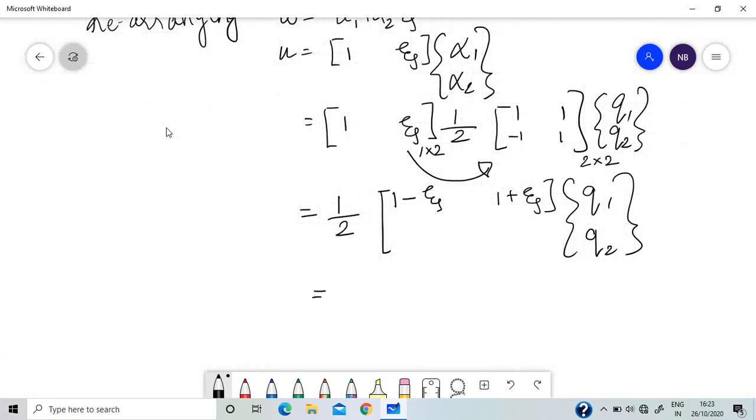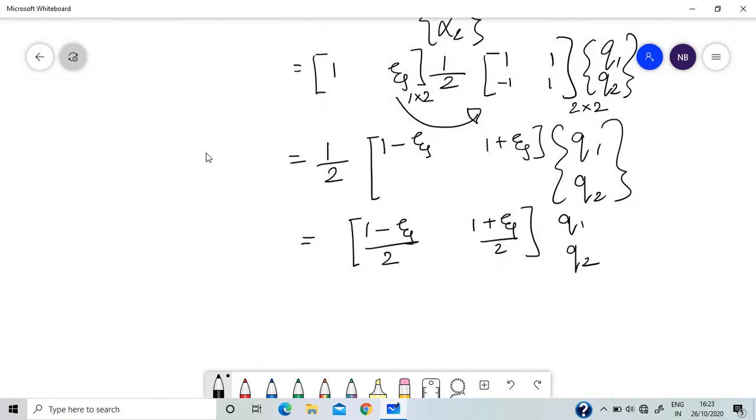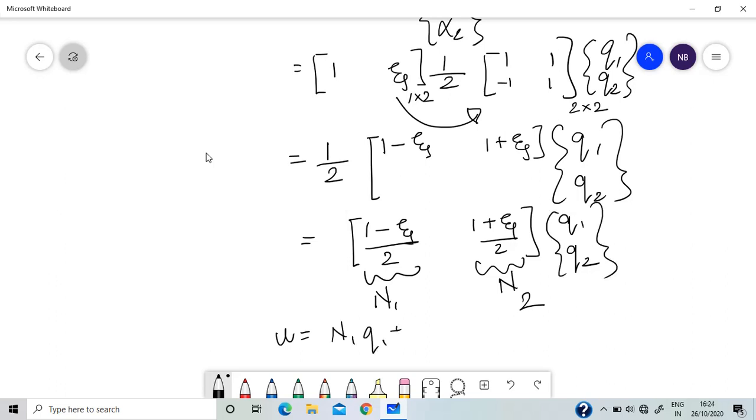I'm taking the half term inside, so it is 1 minus zeta by 2, 1 plus zeta by 2, q1 q2. So these are my shape functions. 1 minus zeta by 2 is the shape function N1 and 1 plus zeta by 2 is the shape function N2. This equation can be rewritten as N1 q1 plus N2 q2, where N1 is 1 minus zeta by 2 and N2 is 1 plus zeta by 2.